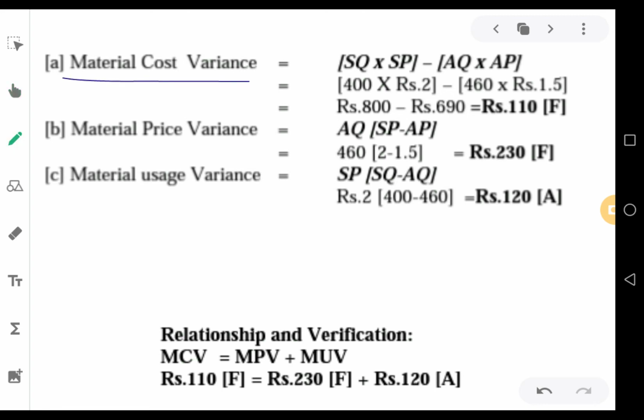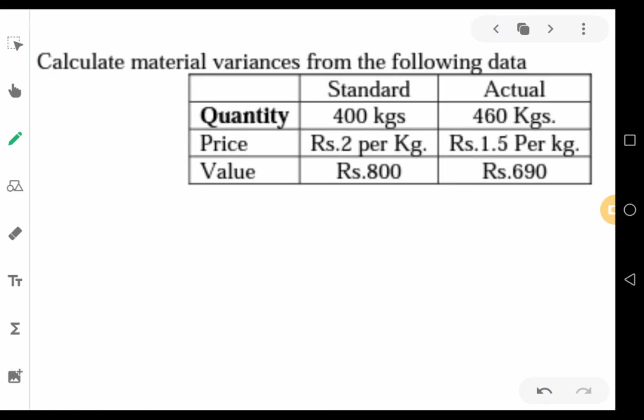Material cost variance, the formula we have is standard cost minus actual cost. Standard cost is calculated by using the equation standard quantity into standard price. In the same manner, actual cost is actual quantity into actual price. Both standard quantity and standard price are given in the question, that is 400 and 2 rupees.